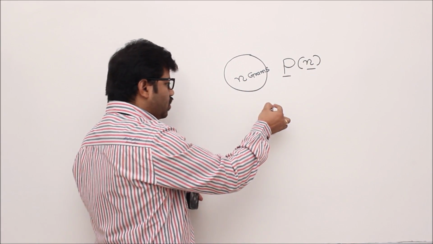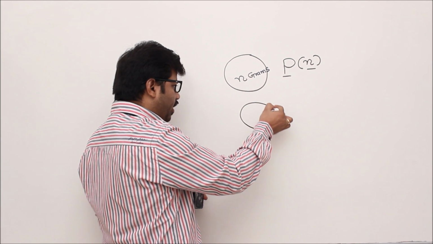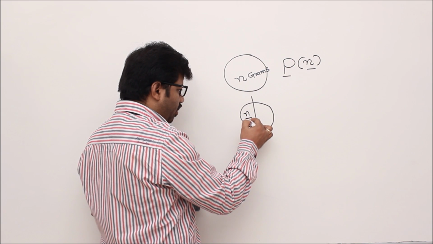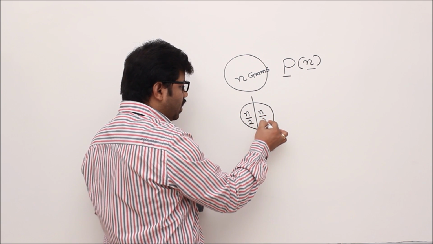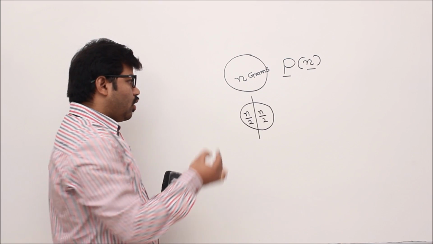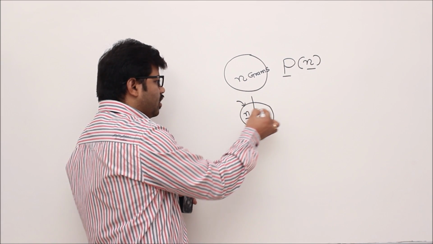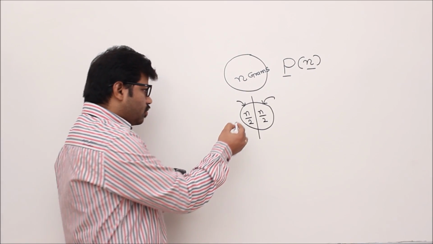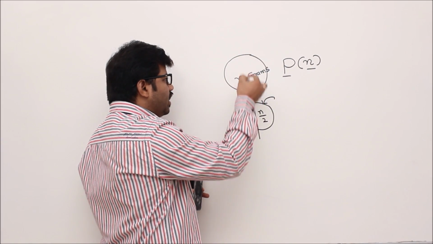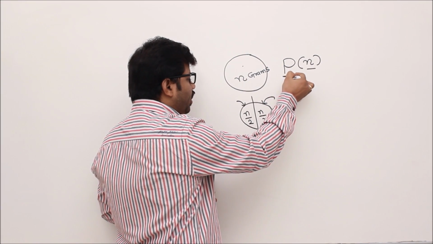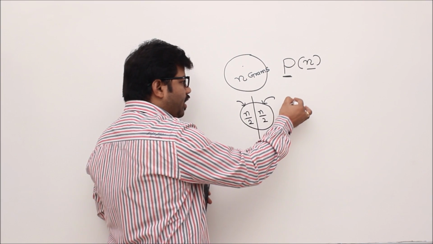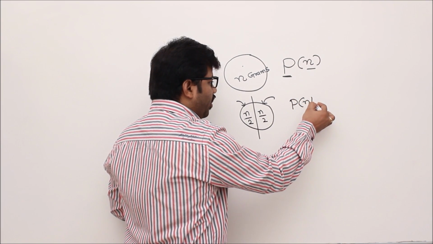Now I solve this problem by dividing it into two parts, exactly half and half, so that it will be n by 2 grams, n by 2 grams. Now somehow I eat this part, somehow I eat this part. Initially my problem was eating this apple. If I denote it by P, and I use the same technique to eat this half, then I am solving a problem called P of n by 2.